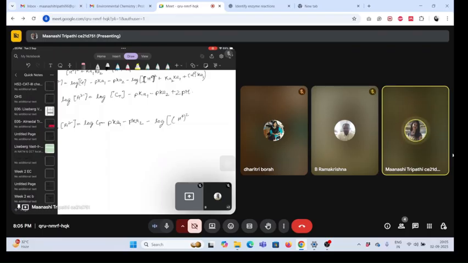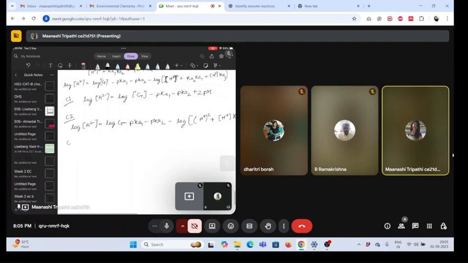We are getting a square, means it will be a curve. Case 3, similar kinds of equation that we are going to get.